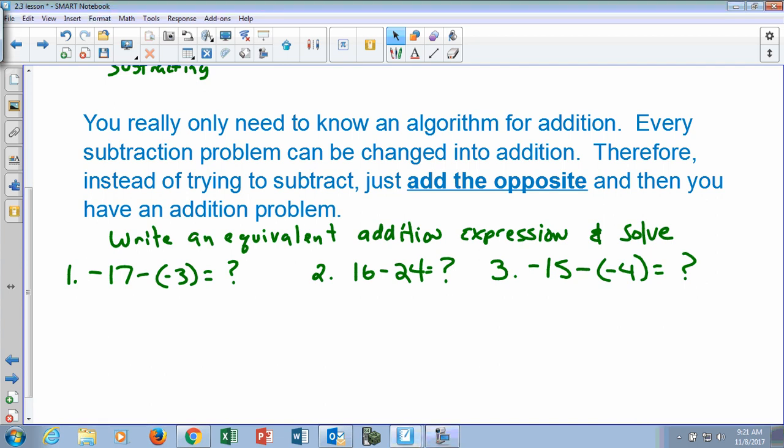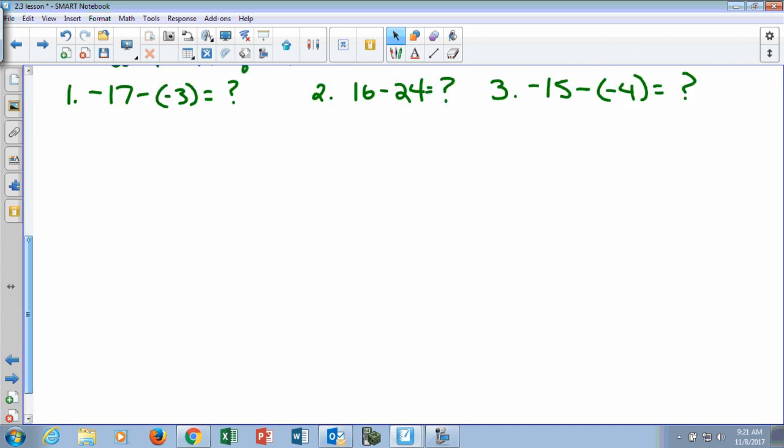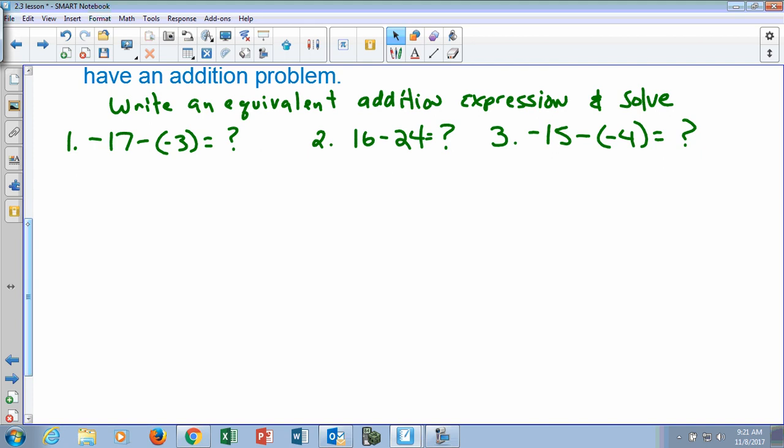All right, so let's talk about this. Let me scroll down a little bit, give us some room. So again, to change subtraction to addition, what do we have to do? What opposite? Add the opposite, right? So if I rewrite this, it should be -17. We change it to addition. You add the opposite.